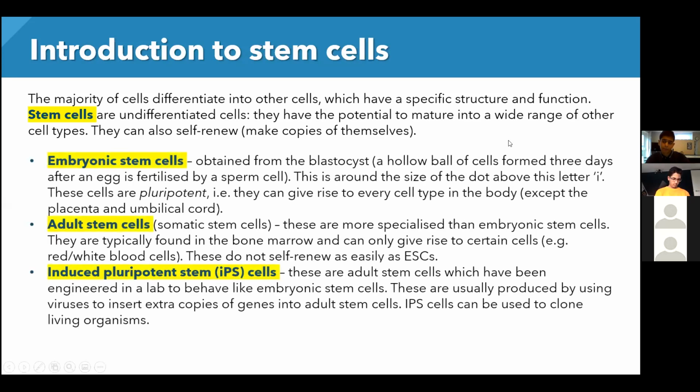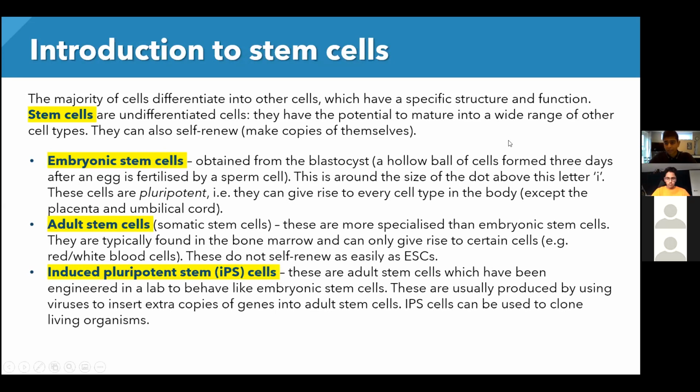So the three main types of stem cells, the first type is embryonic stem cells, which are obtained from the blastocyst, which is a hollow ball of cells formed 3 days after an egg is fertilized by a sperm cell. And this is around the size of the dot above the letter I on the screen.